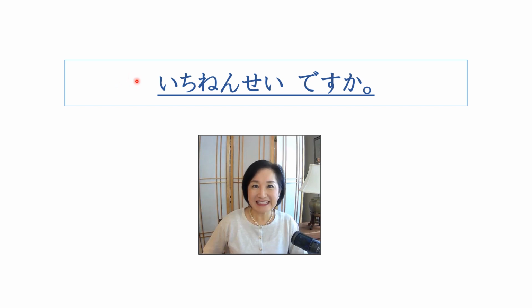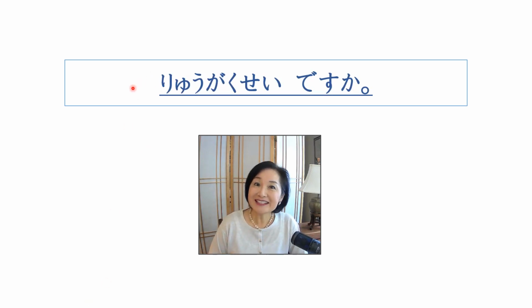Please respond in negative form. 1年生ですか? いいえ、1年生じゃないです。How about this question? 留学生ですか? いいえ、留学生じゃないです。So 留学生 is an international student. And you just told me that you're not an international student. Okay, good job.